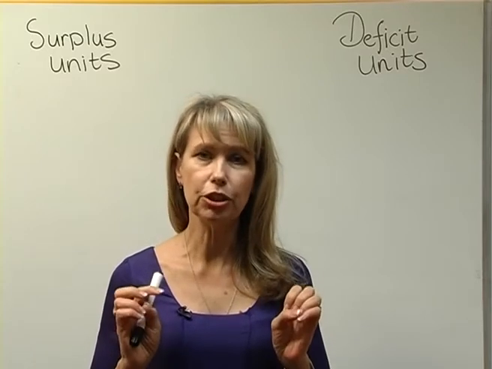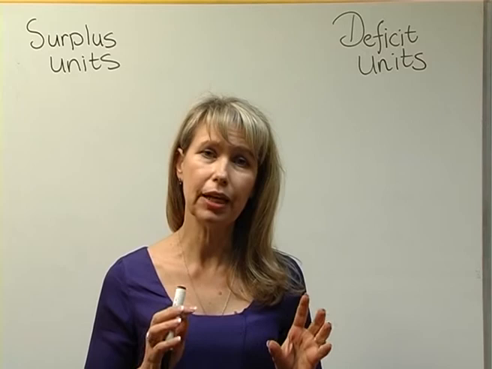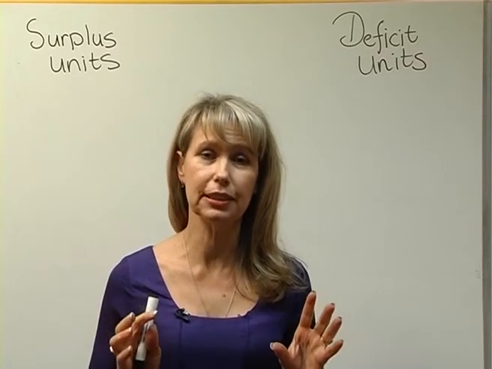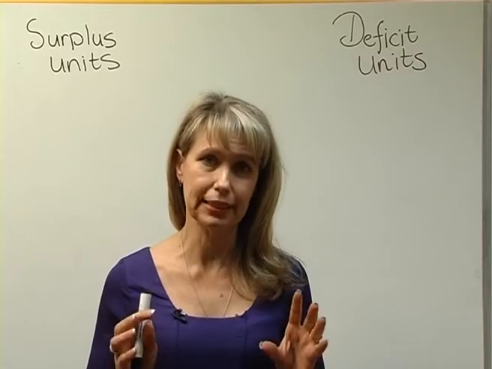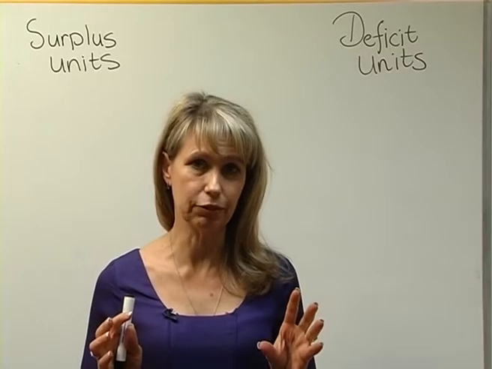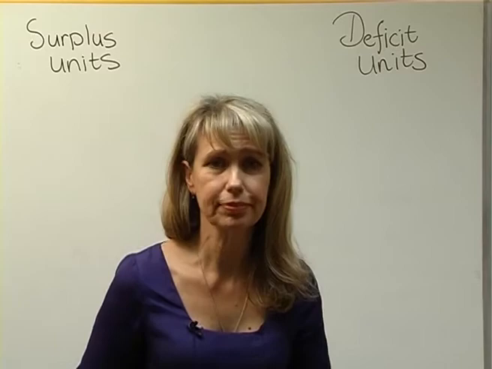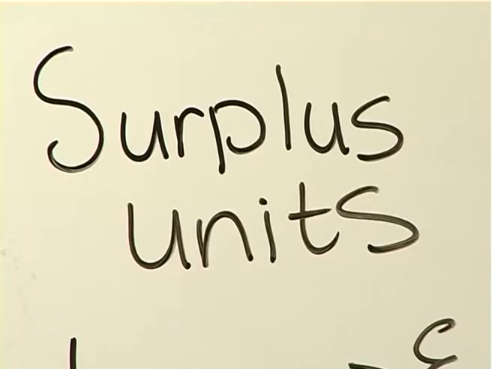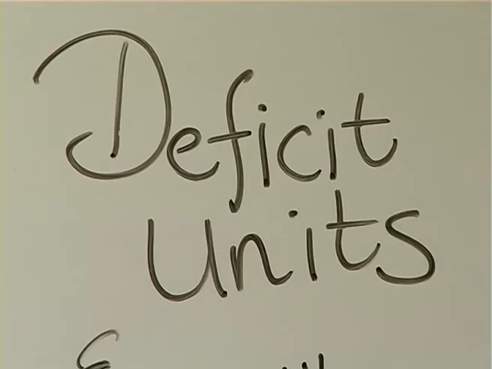So we are going to look at capital and how it's allocated and all the different parts of the financial system that helps to allocate capital in the most effective way. In our economy, we have surplus units and we have deficit units.